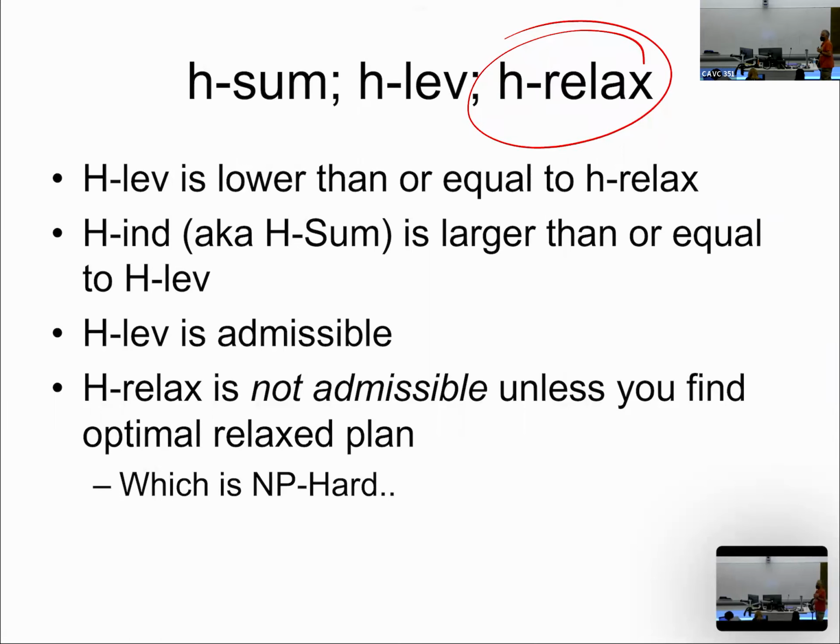So if you really want to find the optimal, if you want admissibility, then you need to search and find the optimal subgraph. Finding the optimal subgraph of the planning graph is NP-hard. And NP-hard is a low price to pay given that the actual problem is PSPACE-hard. I'll stop in a couple of minutes and then we'll have the 15-minute break.